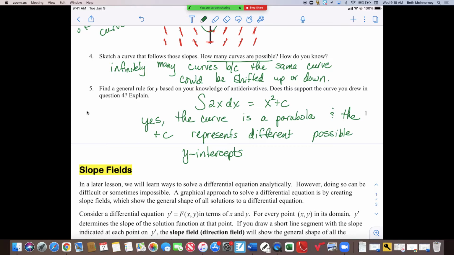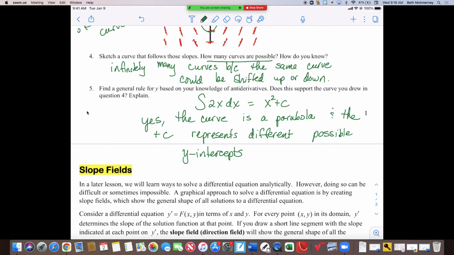So this is really, really neat because this really does kind of sew together what we were doing in the previous unit, in that this is why you have a plus C, that there are infinitely many possibilities unless we have more information.